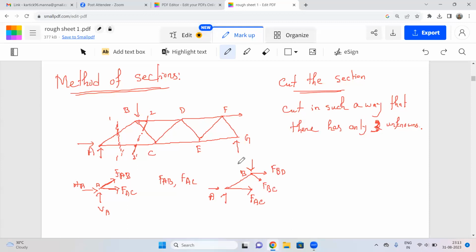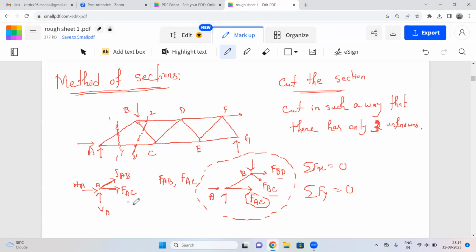Now for the whole section, if you find out your summation of Fx equal to 0 and summation of Fy equal to 0, you can calculate these two values because these three values are known. Also, FAC you have calculated from here.